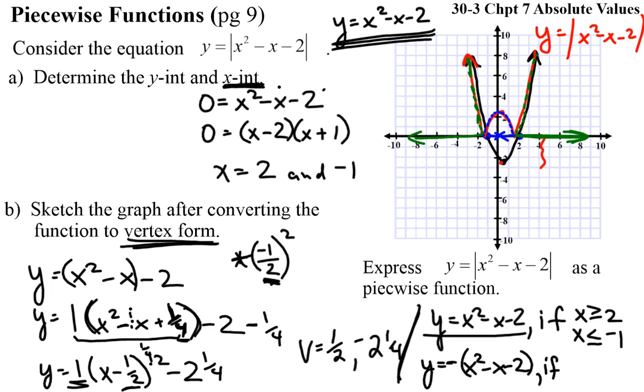So we write that as a domain saying from -1, we want that to be less than x, and x also has to be less than 2. There's our piecewise. It identifies what part of the domain, the x-axis, gives us the normal part of the graph, and what part of the x-axis gives us the absolute part of the graph.